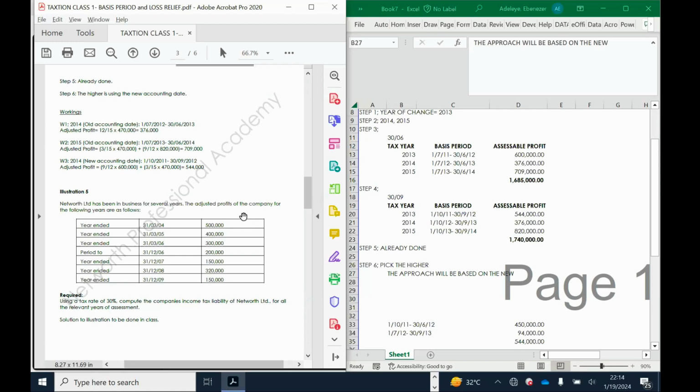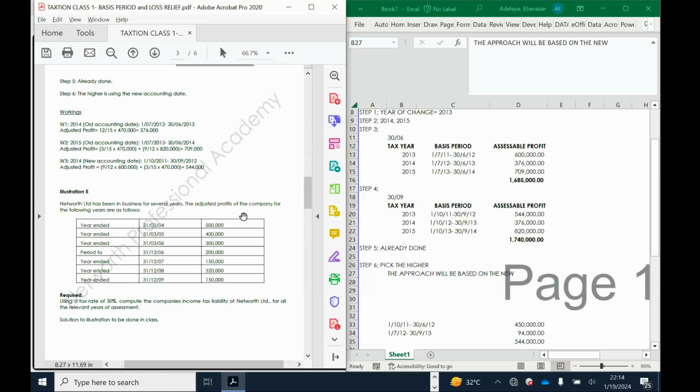The following year, 31st December 2008, the adjusted profit is 320,000. The following year, 31st December 2009, the adjusted profit is 150,000. Using a tax rate of 30%, compute the income tax liability of Networks Limited for all the relevant years of assessment.